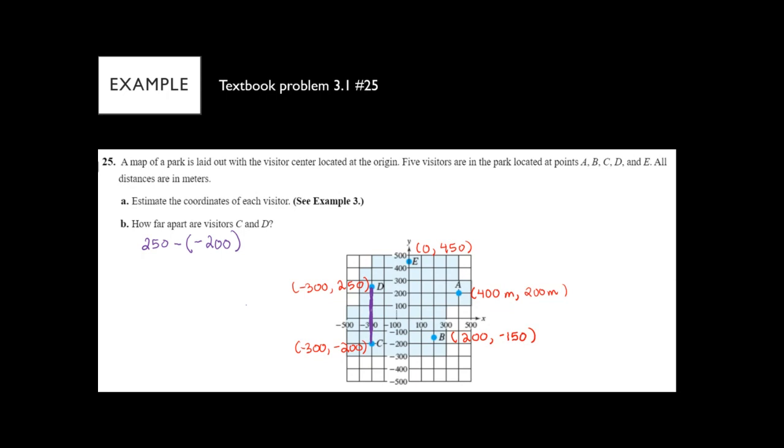So we have 250 minus negative 200, so that is 250 plus 200, and that gives us 450. And then this is distance, so we need our units. And so they are about 450 meters apart because those are our meters, or our units.